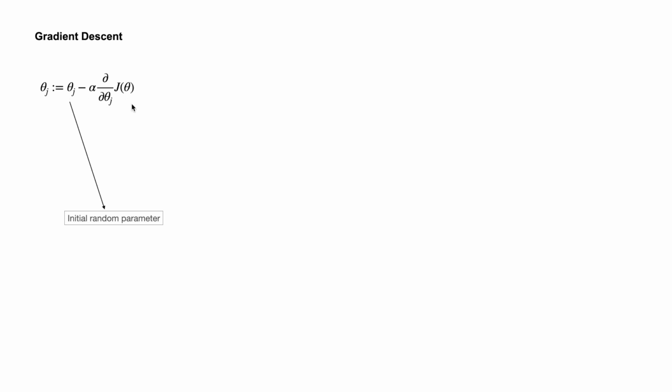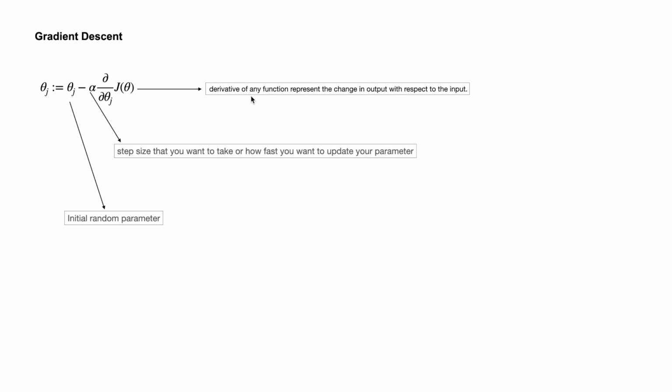Now you want to minimize J(theta), right? You know the definition of a derivative: the derivative of any function represents the change in output with respect to the input. So you change your input very slightly, and you find out the change in J(theta). Then alpha represents the step size here.